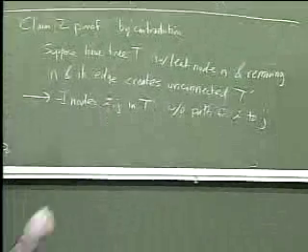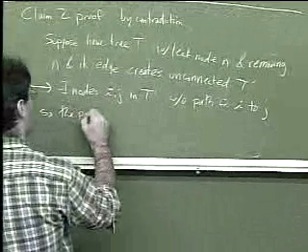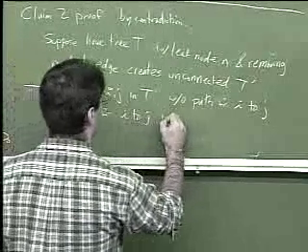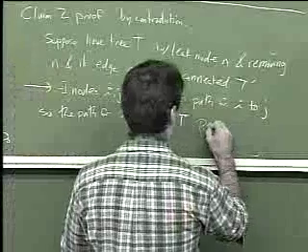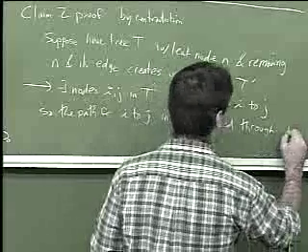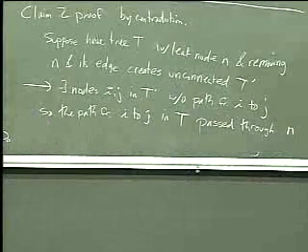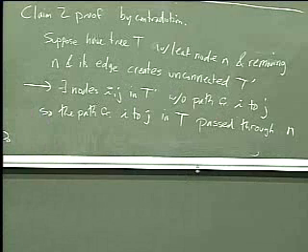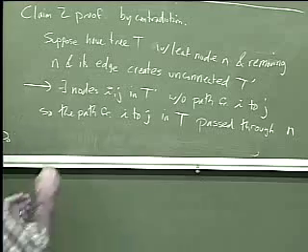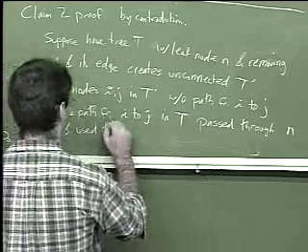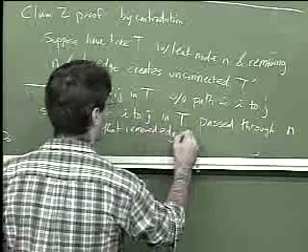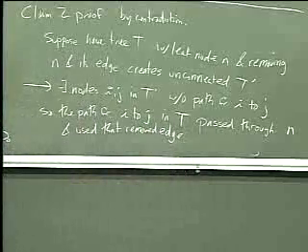So the path from i to j in T had to have passed through n. I got rid of this node. If the path didn't go through n, then that path still exists. But that's a contradiction.